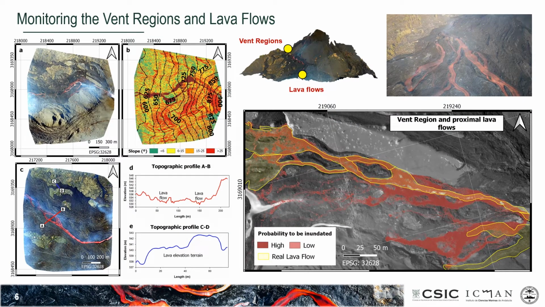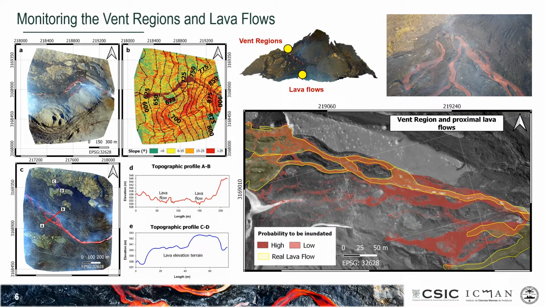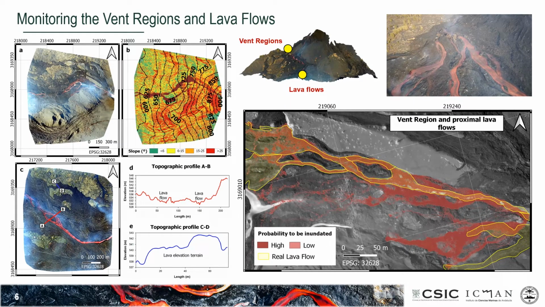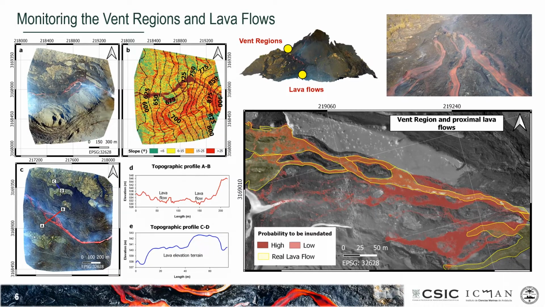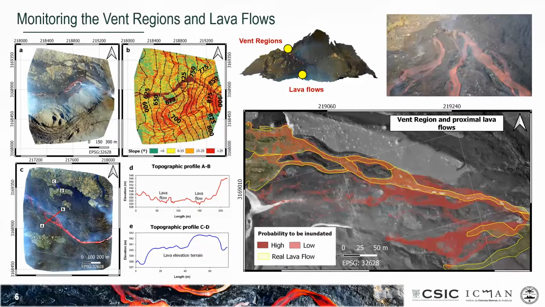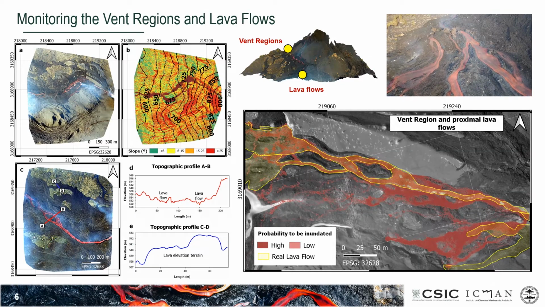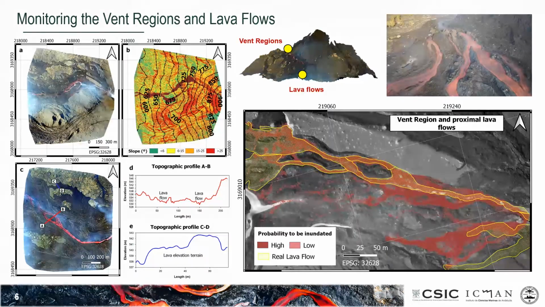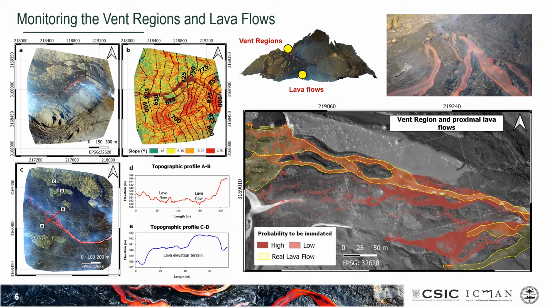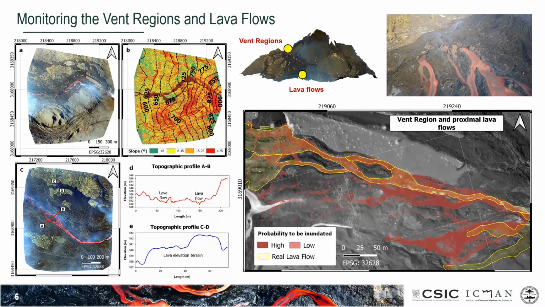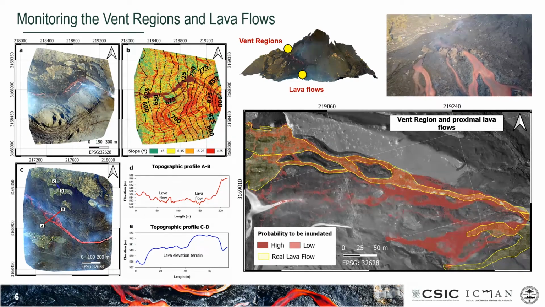So using the topographic products that we generated with the photogrammetric process, using the RGB information from our drones, we could elaborate a slope map using the digital elevation model that could highlight the main topographic features of the vent regions and the proximal lava flow. With this information, we were able to use a simple probabilistic model to predict the most likely pathway that the lava flow could follow.